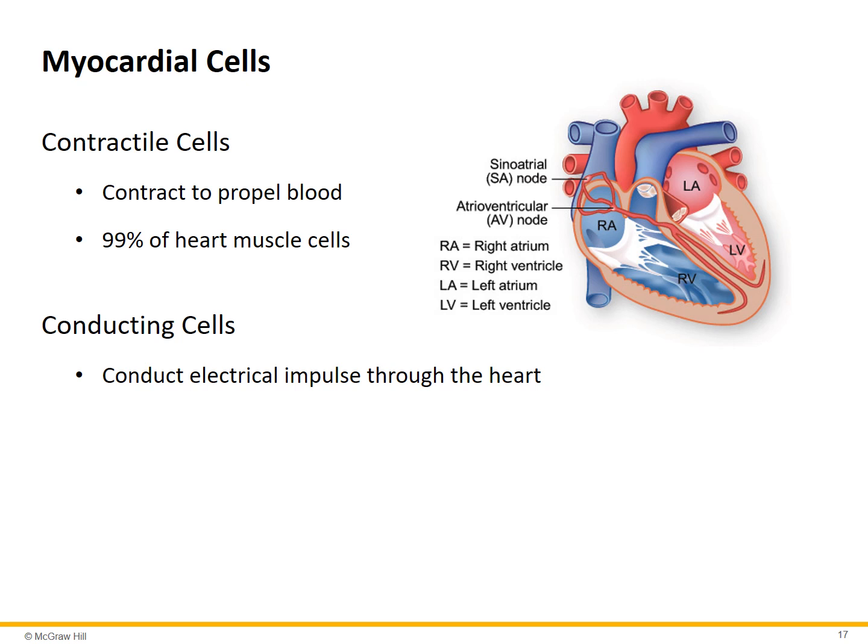If you're looking at just the myocardium, about 1% are what I consider to be like the electrical wires. They conduct the electrical impulse through the heart. They initiate a signal that allows for contraction to occur.